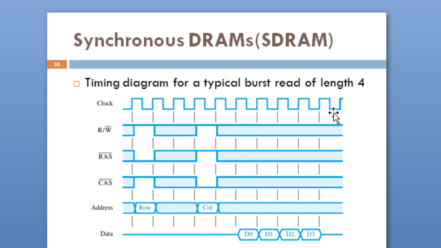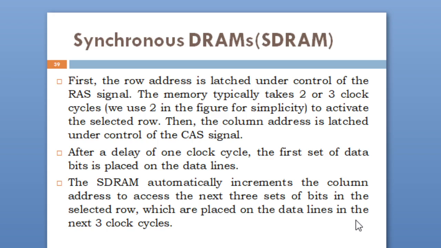So this is the timing diagram for a typical burst read of length 4, meaning 4 data blocks, by using synchronous DRAM. Here the row address is latched under control of the row address strobe signal. The memory typically takes 2 or 3 clock cycles. We use 2 in the figure for simplicity.